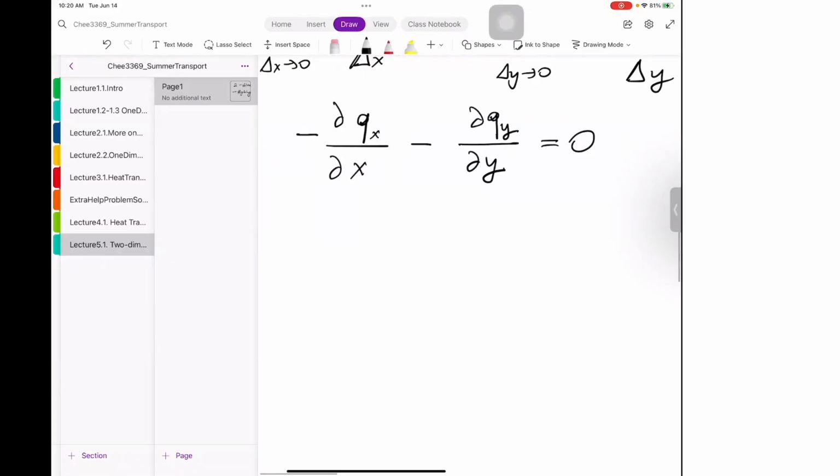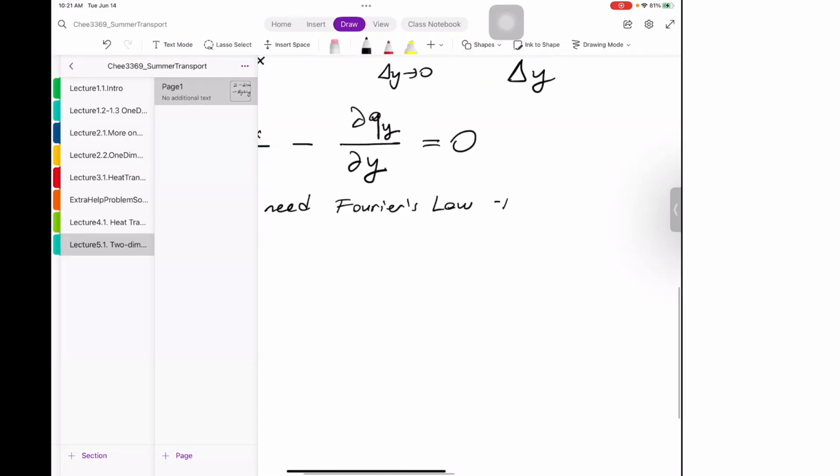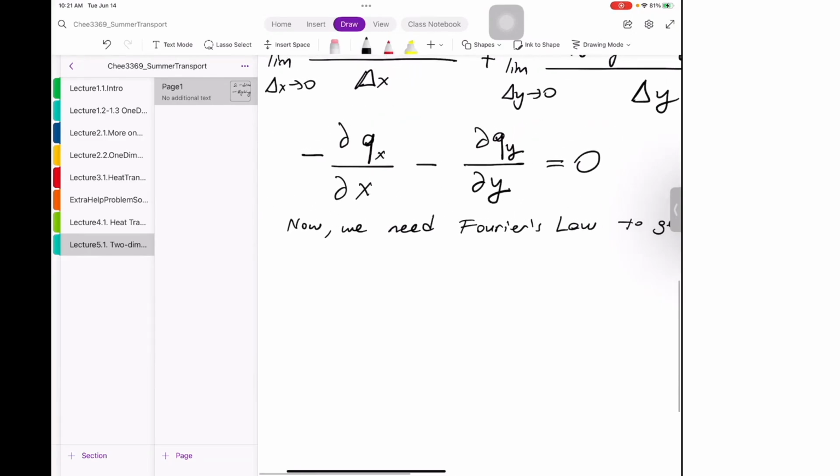Now, Fick's law, we need Fourier's law to get an equation for temperature.